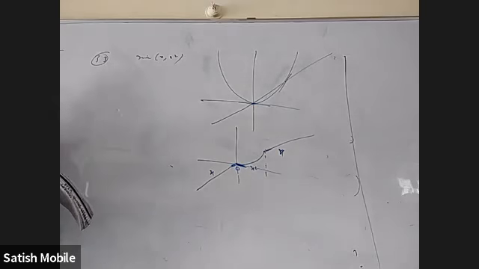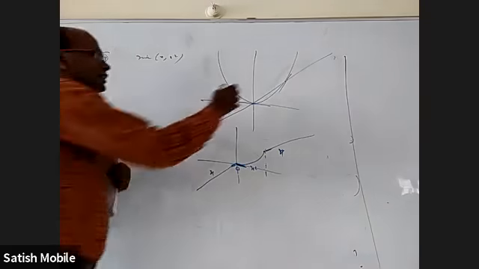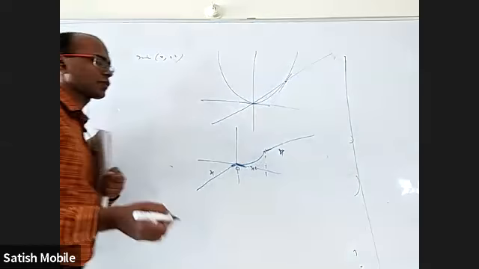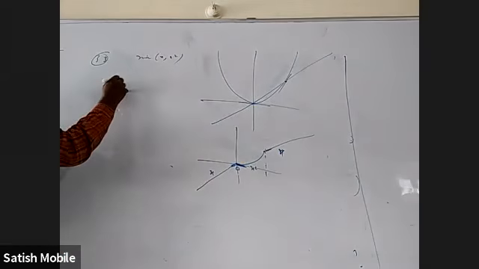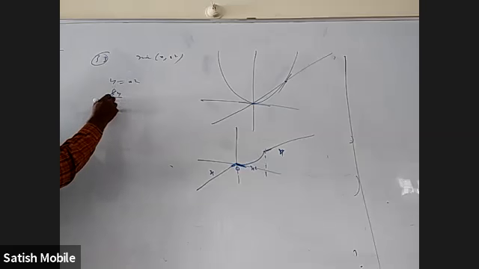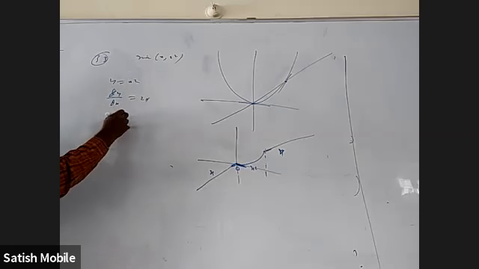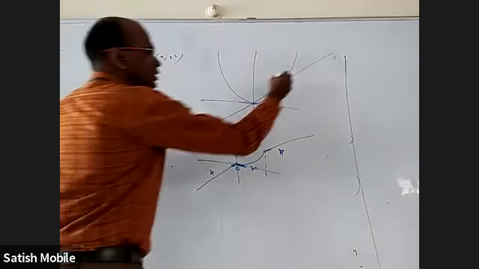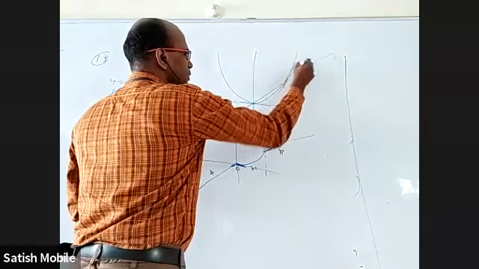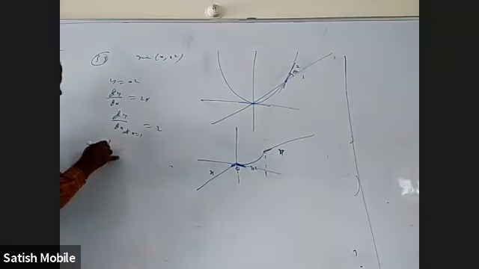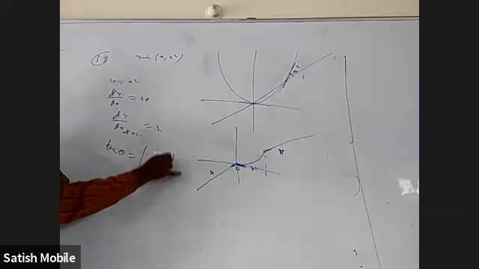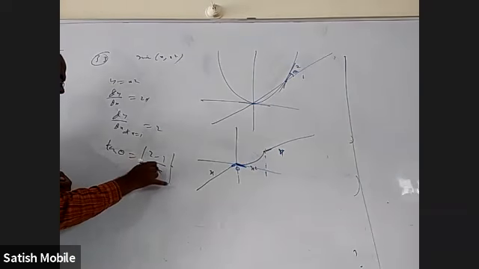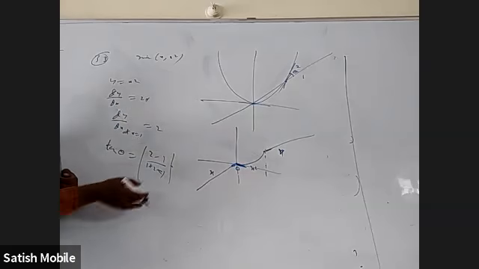The smaller angle between the tangents to the curve at x and x square. At this point, I wanted the angle between the two curves. Okay. So y equal to x square, what is dy by dx? 2x. And dy by dx at x equal to 1 is 2. So this slope is 1 and the tangent slope is 2. I want the angle between them. That is tan theta equal to mod of (2 minus 1) by (1 plus 2 into 1), m1 minus m2 by 1 plus m1 m2.